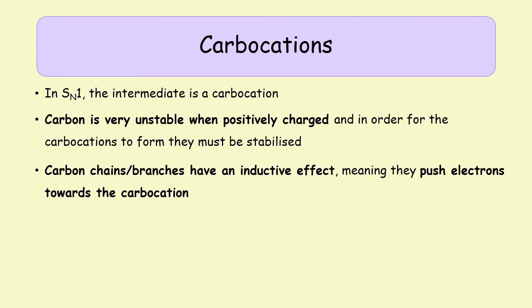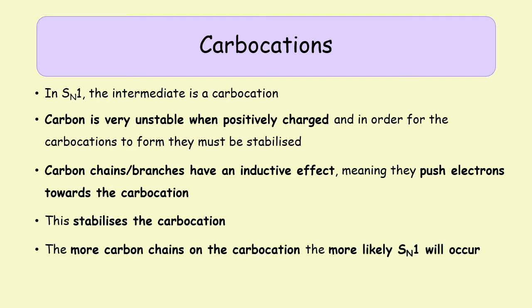Where you have other carbons, and particularly carbon chains, bonded onto a carbon atom, they are able to push electrons towards the carbocation in something known as the inductive effect. And by pushing electrons towards that positive charge, you're stabilizing it. And if you've got a stable carbocation, that carbocation can exist and you can do SN1.